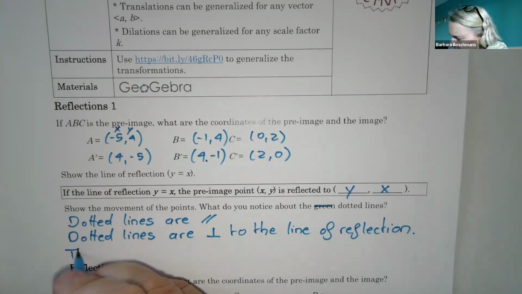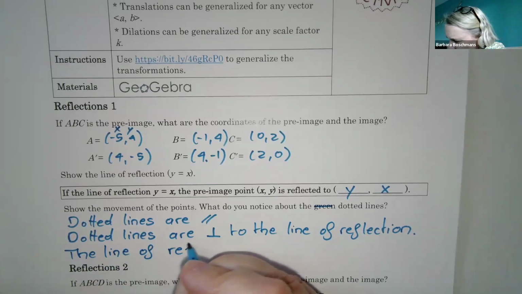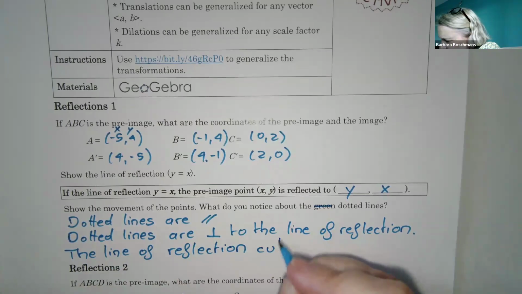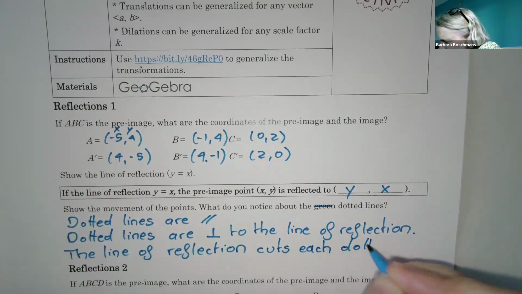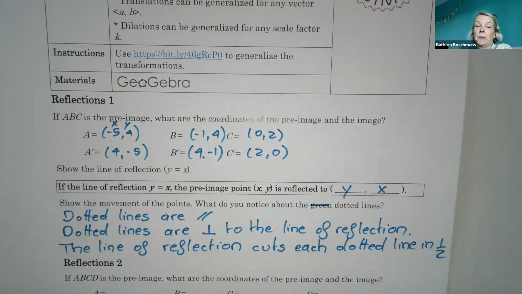And the line of reflection cuts each dotted line in half. Those are things that we talked about earlier that we could see in GeoGebra.